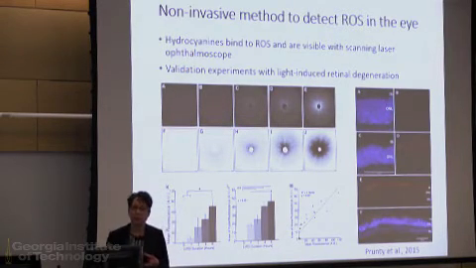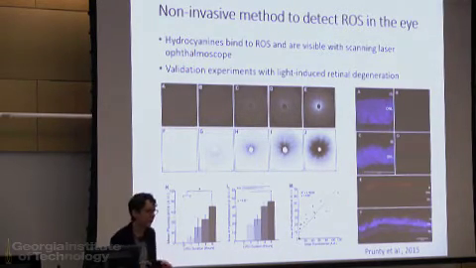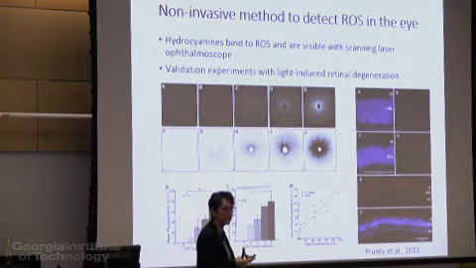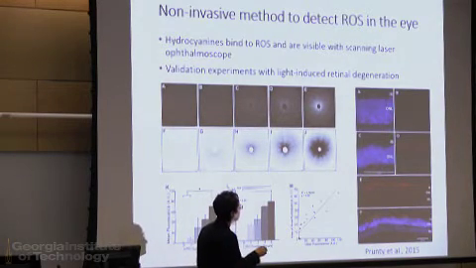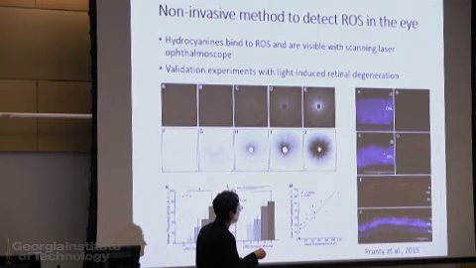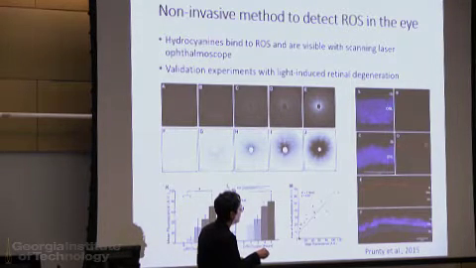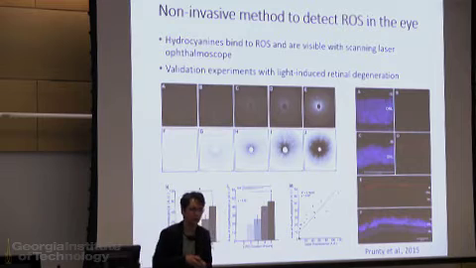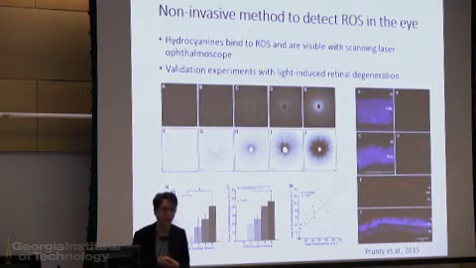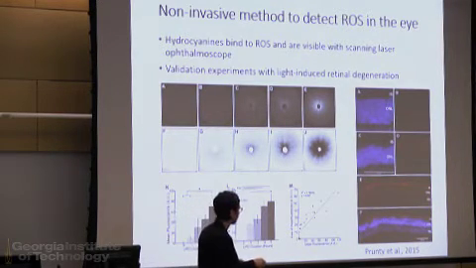And then we wanted to see, well, where is this occurring? Is it binding at the right spot? And when we look at a cross-section of the retina, this is a control retina showing no fluorescence. And this is an animal that has had light damage. And you can see these inner segments here are lighting up. And those are where the mitochondria are in the photoreceptors. It's exactly where we would expect to see that oxidative stress occurring.